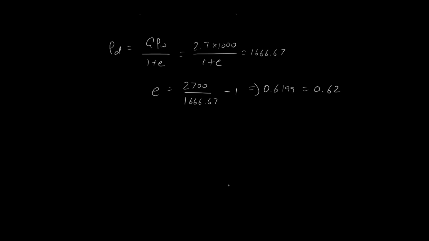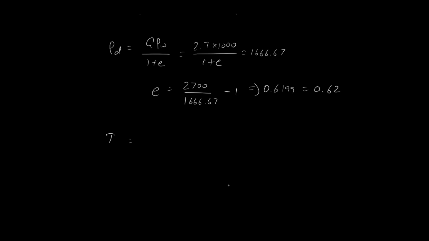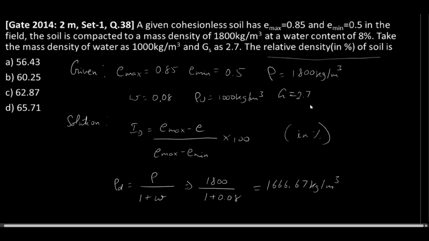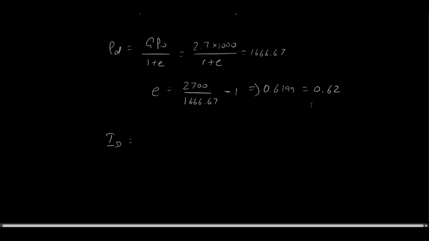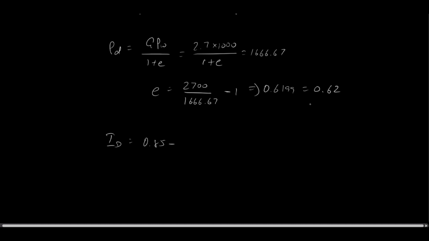Now from this we'll take ID is equal to E max, which has been given as 0.85, E minimum 0.5. So 0.85 minus e, which is equal to 0.62, divided by 0.85 minus 0.5, into 100.